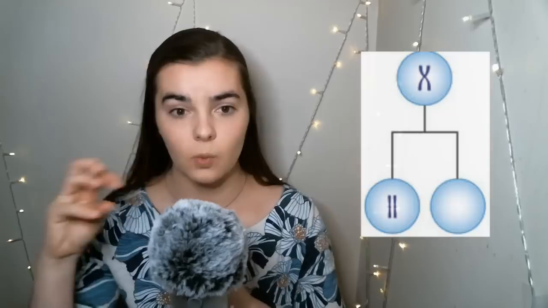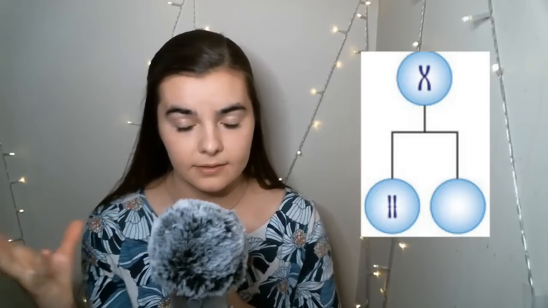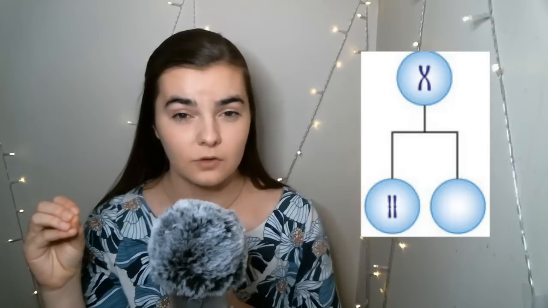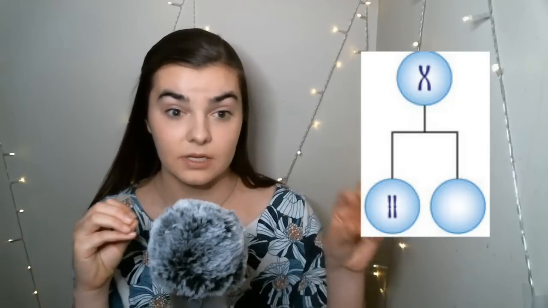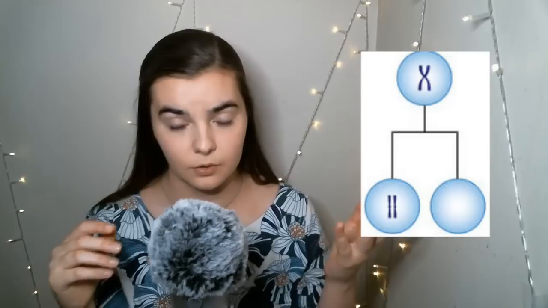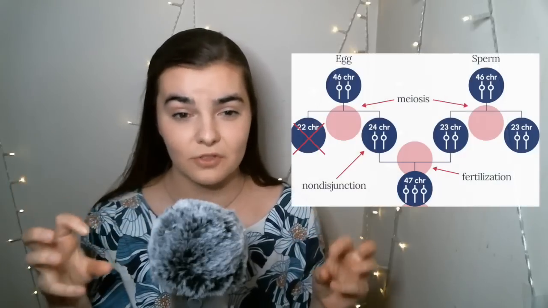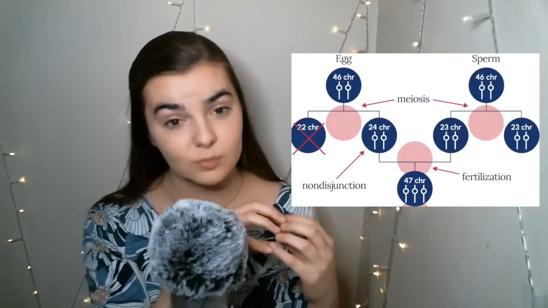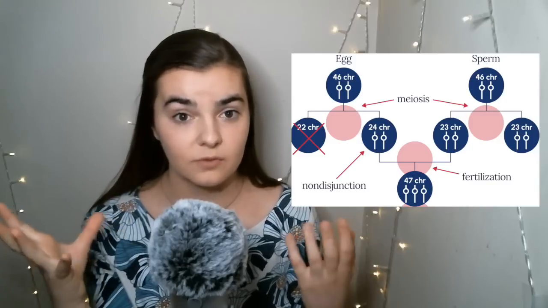However, meiosis doesn't always go the way that it is supposed to. There is something called nondisjunction, which is basically where the chromosomes don't separate properly. So sometimes one of the gametes, let's say an egg cell, gets 2 of one of the chromosomes, and so the other gamete would get none. It wouldn't get any of that specific chromosome. But when one of those fuses with a sperm, you're not going to have 46 chromosomes.